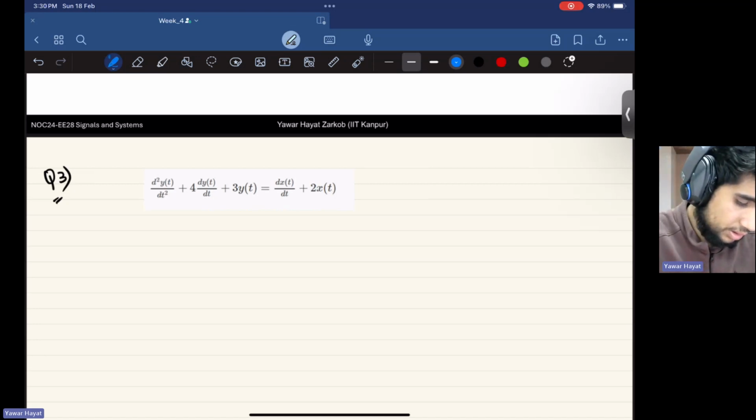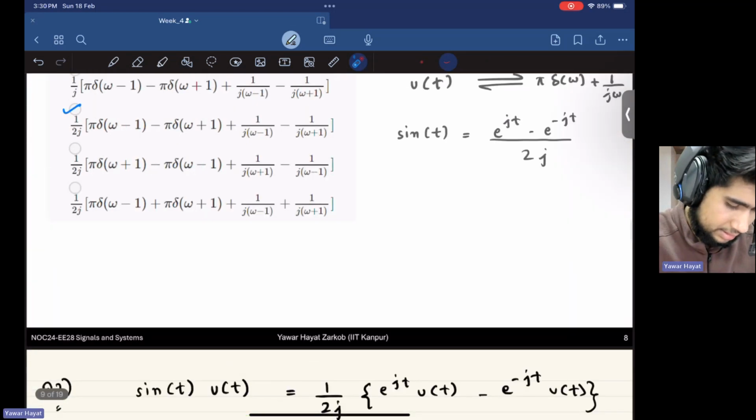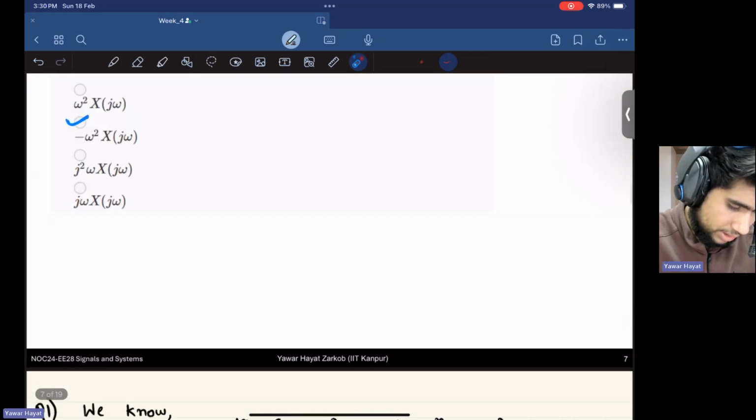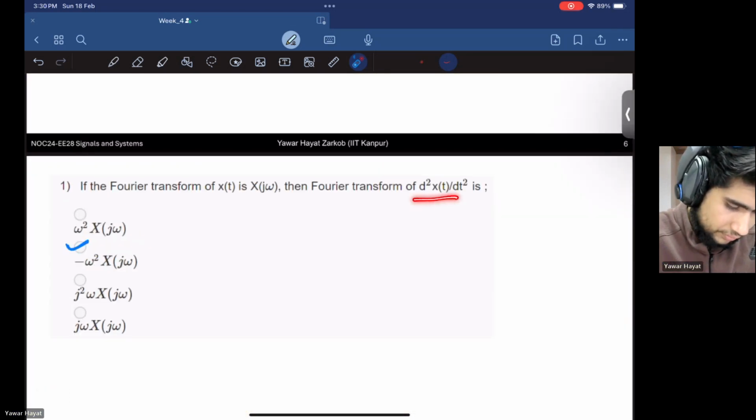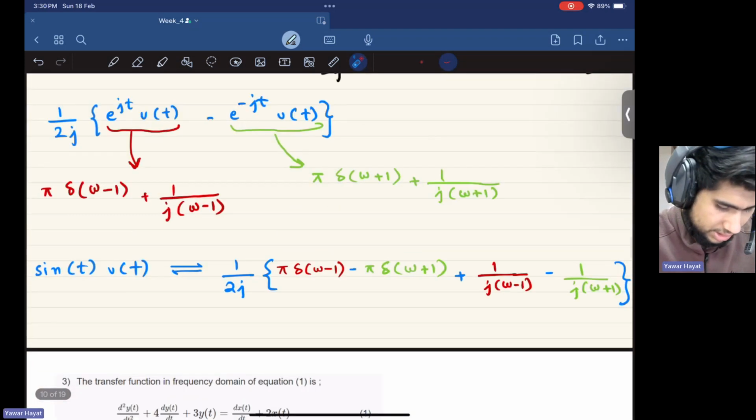What should be the Fourier transform of d2y by dt square? We actually did that in question 1 itself, right? The Fourier transform of this is minus omega square x of omega. X of j omega or x of omega, just a notation game.